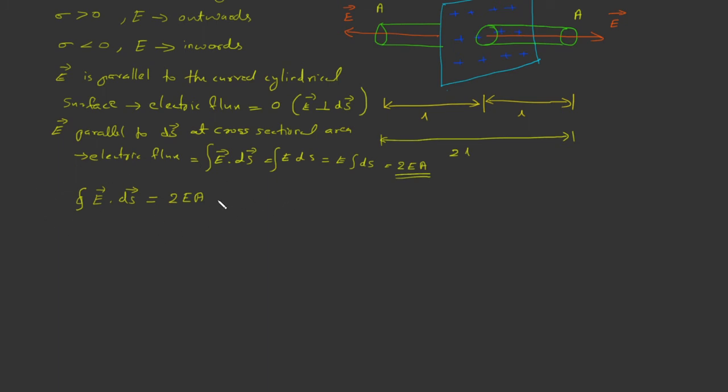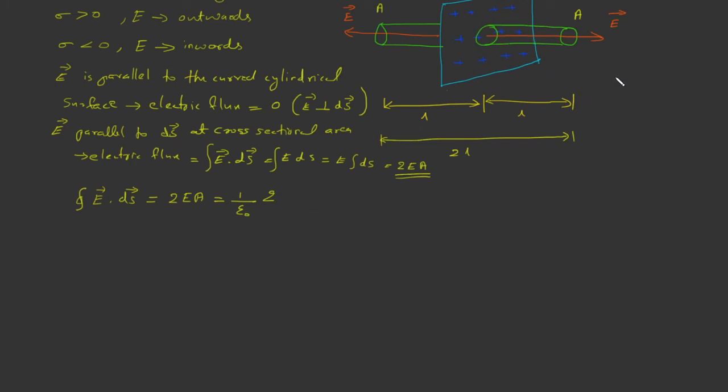Now we know, according to Gauss's law, this is equal to 1 by epsilon 0 times q, where q is the charge inside that Gaussian surface.